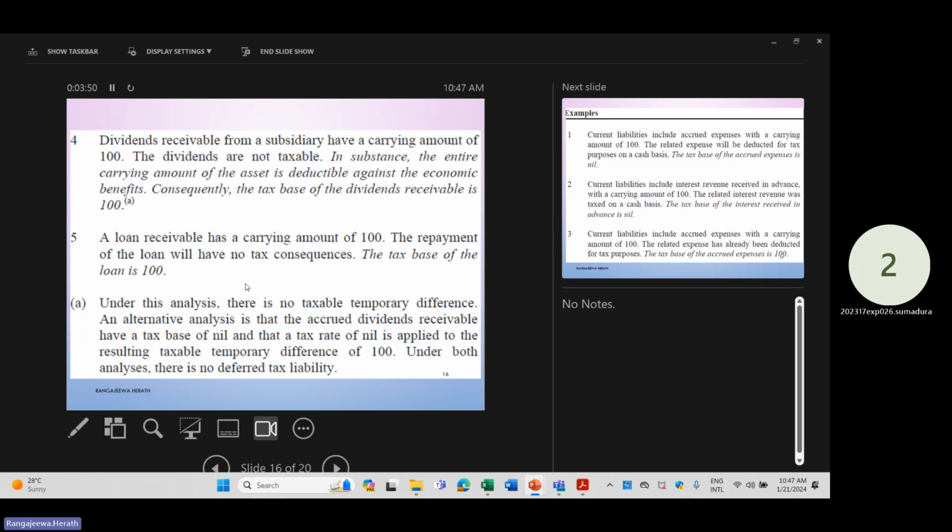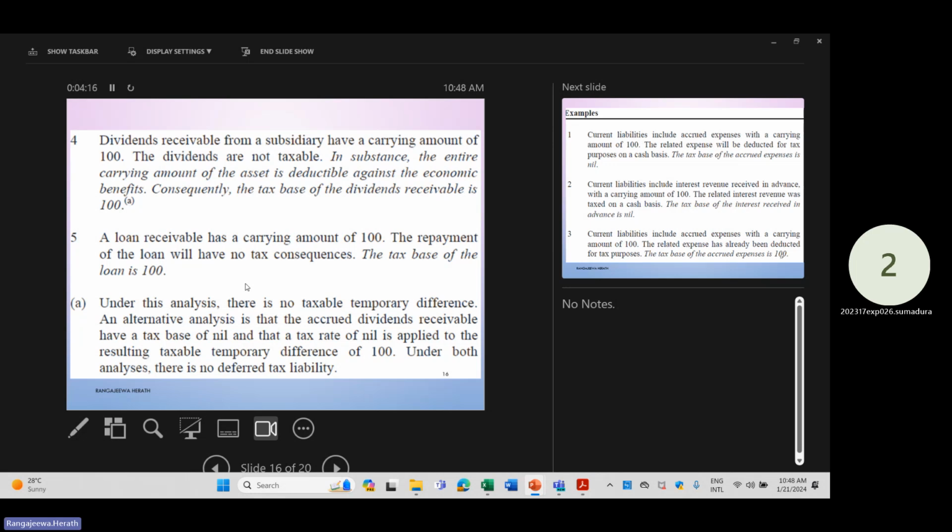It's not temporary, right? Dividend never becomes taxed. So dividend income is never taxed. For accounting purposes it is included in the profit, but for tax purposes you can't. So there cannot be a taxable or deductible temporary difference.